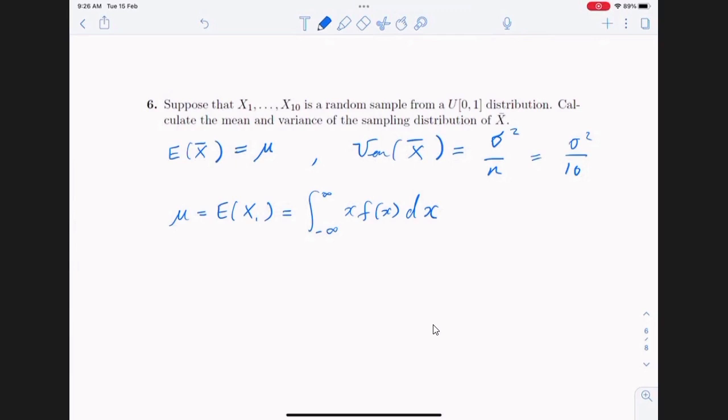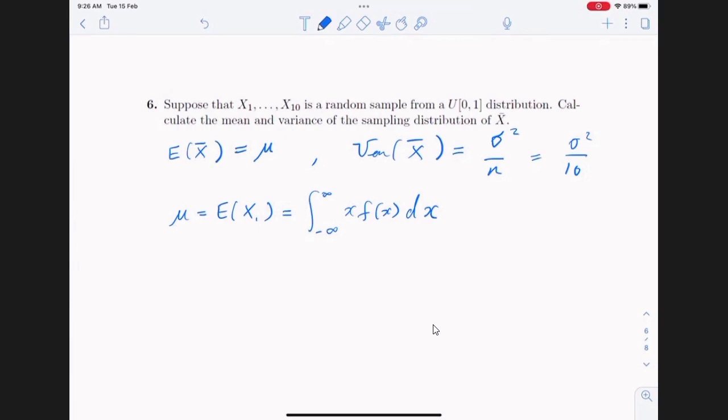Now, this is the case when we have a continuous type variable, because we are talking about uniform, uniformly distributed within 0 and 1, so it is continuous. For a discrete type variable, this will become a sum. But here we have a continuous type variable, so we use integration.